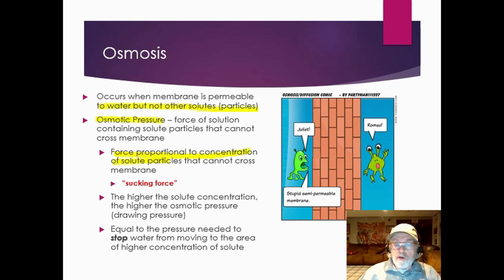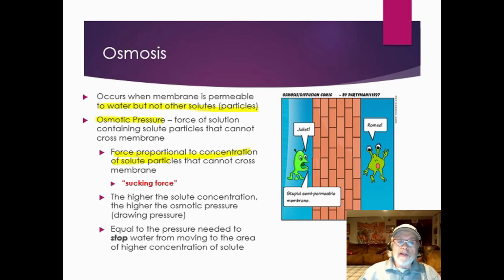Again, the solute is the particles. Higher solute concentration means that side of the membrane would have a higher concentration, be much more concentrated. So therefore, because it has much more concentration, it has a higher drawing or sucking pressure to pull the water from something that's more dilute over to the more concentrated side.